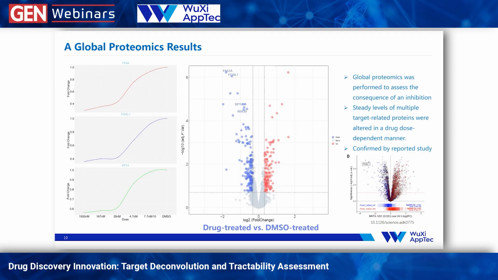We use the marketed KRAS covalent inhibitor from the previous slides as the tool compound to evaluate our platform's performance. The result shows that many proteins associated with the KRAS pathway were regulated, and a clear dose response curve was achieved.